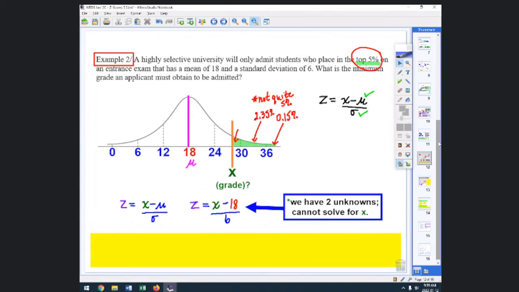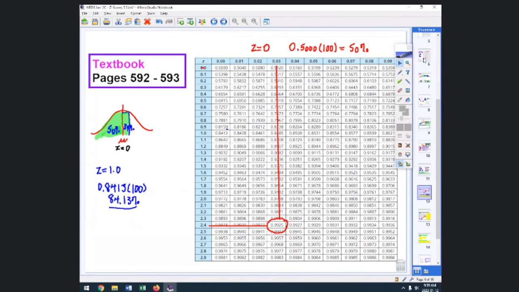5%. Okay, is this on the right positive side of Z-scores, or is this on the negative side of Z-scores? If it's above the mean, are we positive or negative? Positive. Excellent. So if I go to my Z-scores that are positive, what I want to do is find 5%.